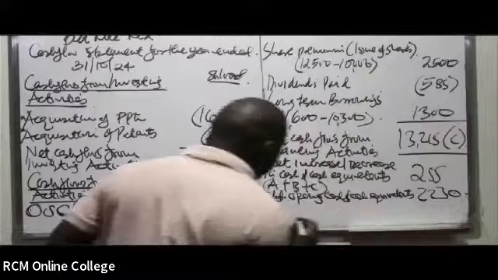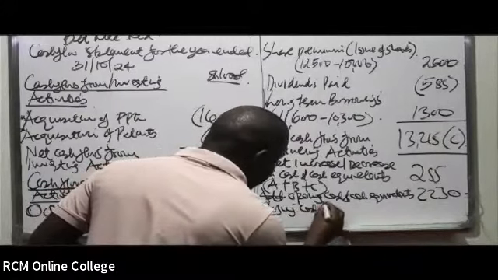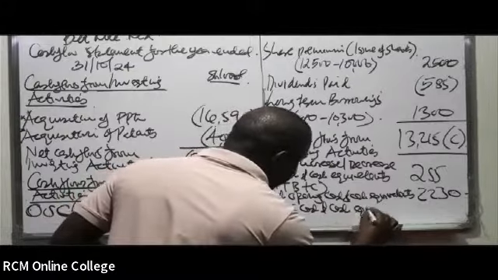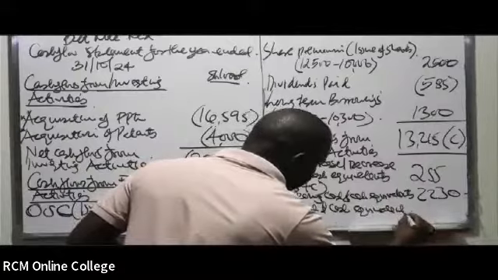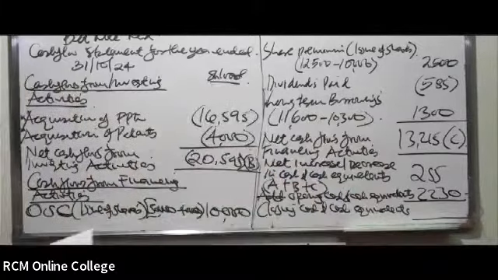With these, we should be able to get the closing cash and cash equivalents. When you add, you get 2485. Right?